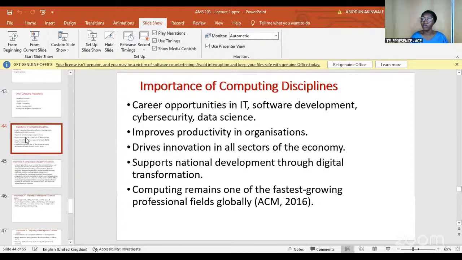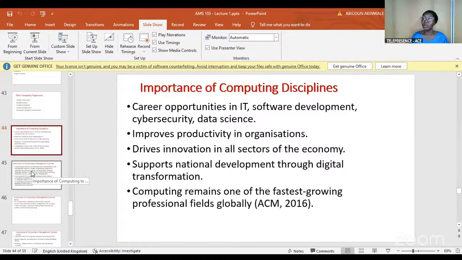A lot of countries that are up there today, what is the secret of their power? It is technology. Okay, why is Nigeria still struggling to overcome some of the BEPS? That's base erosion and profit shifting. It's because of our low level of development in terms of technology.